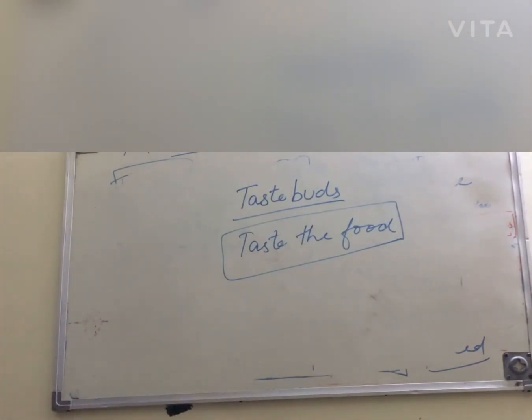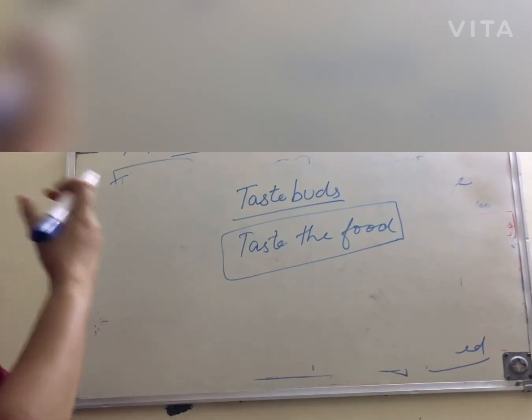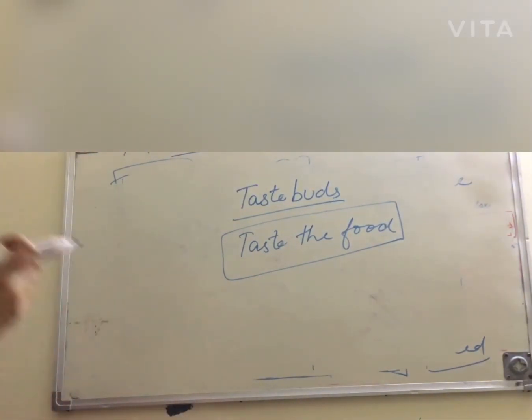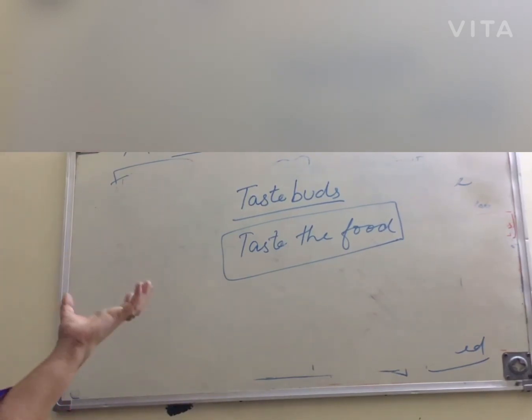The tongue also mixes saliva with the food during chewing, and this saliva contains an enzyme known as salivary amylase. Another function of the tongue is that it pushes the food towards the teeth for chewing.